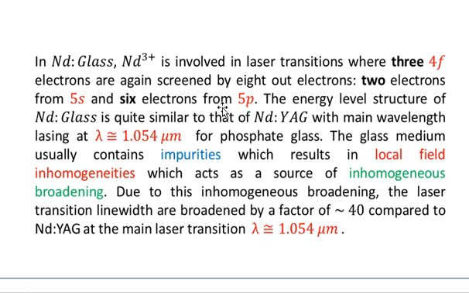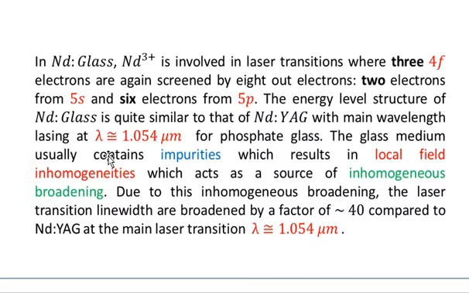I have also explained this screening in one of the previous slides. The energy level structure of the Nd glass is quite similar to that of the Nd-YAG, with the mean wavelength lasing at lambda approximately equal to 1.054 micron for phosphate glass.